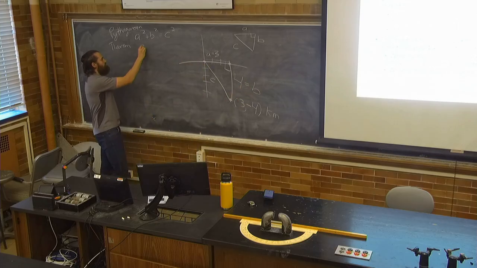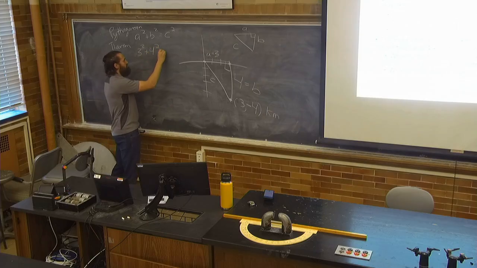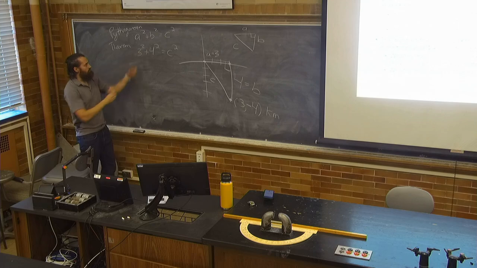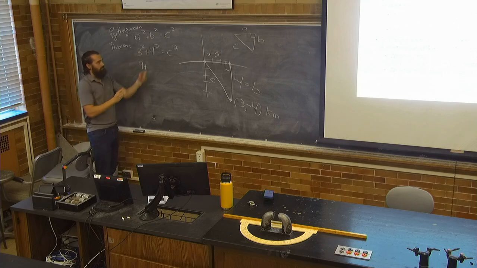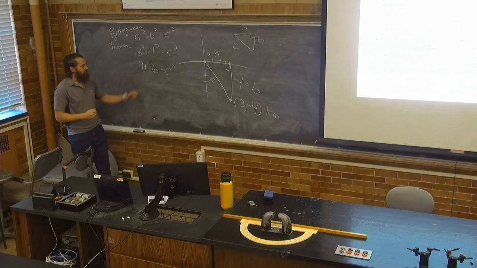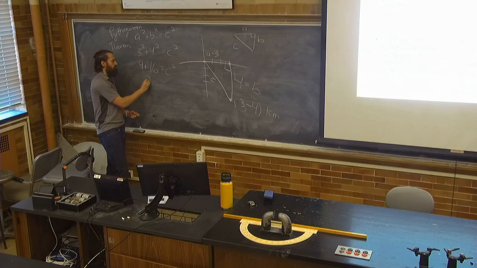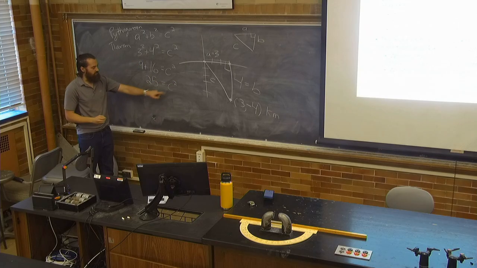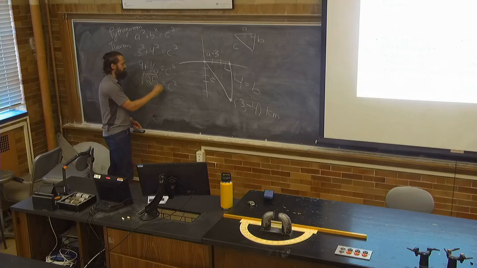So I have 3 squared plus 4 squared equals C squared. So 3 squared is 9, 4 squared is 16, 9 plus 16 is 25. And then to solve for C, we take the square root of both sides.